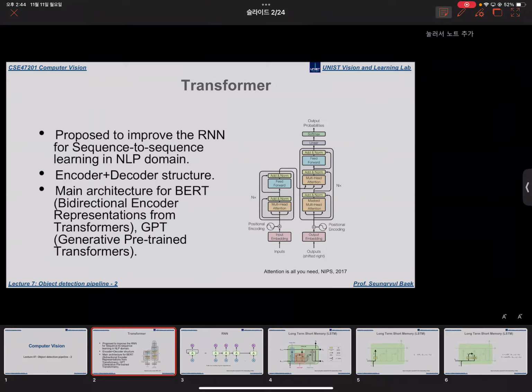So far we learned about the CNN architectures. Mainly its operation is composed of the convolution operation.